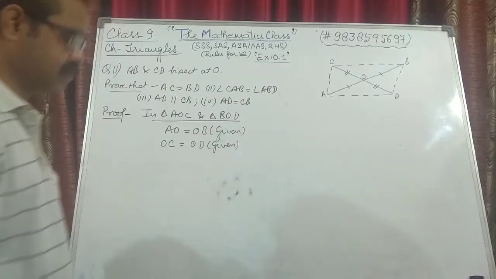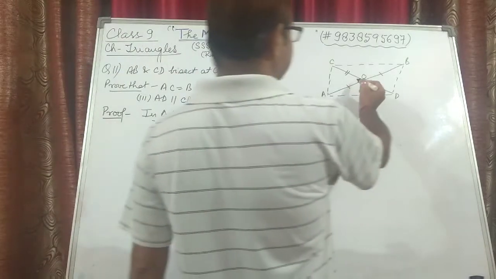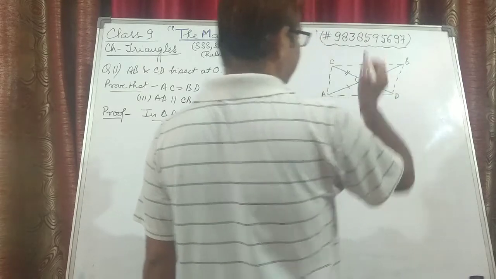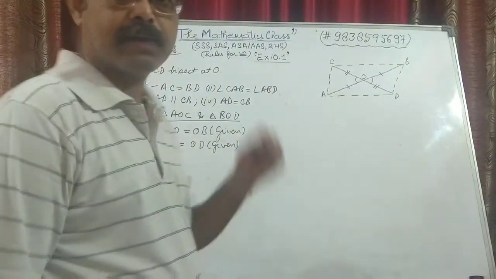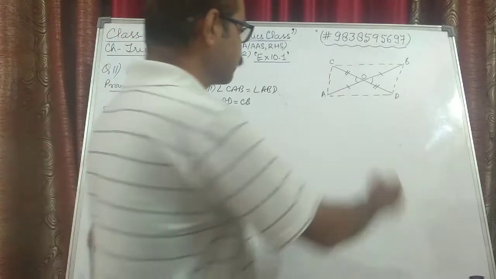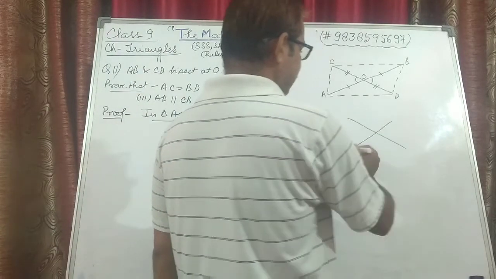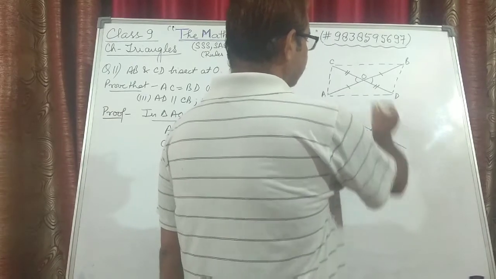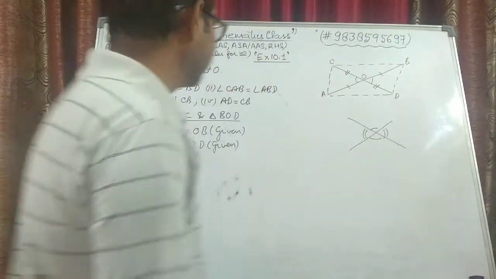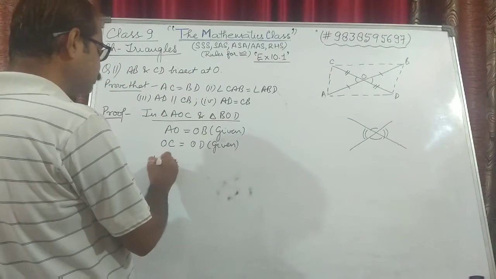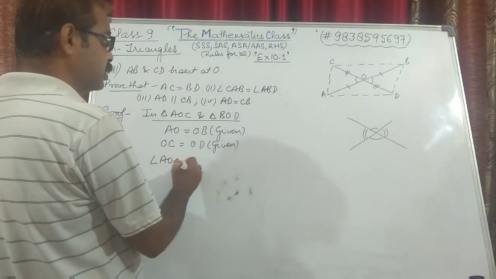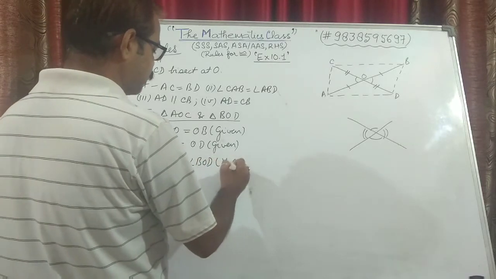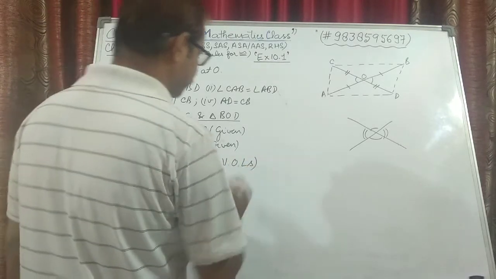Now third, we can say that this angle and this angle are equal. Why are they equal? Because they are vertically opposite angles. We know when two lines intersect, then vertically opposite angles are equal. So we can say that angle AOC is equal to angle BOD, and the reason is vertically opposite angles.